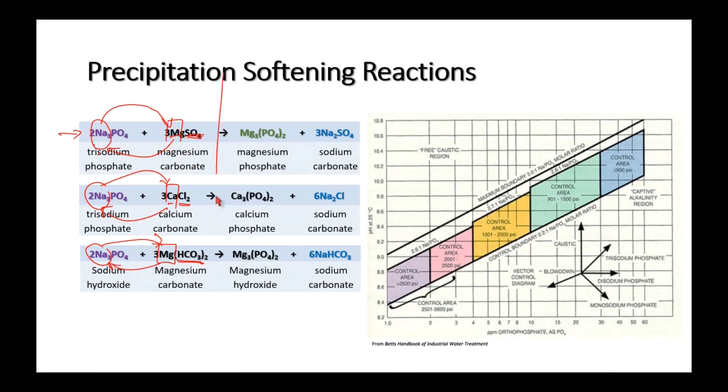So what we end up on the product side is sodium phosphate plus magnesium sulfate gives you magnesium phosphate, which is a precipitate. It is insoluble. And sodium sulfate, which is highly soluble. This stuff remains in solution.